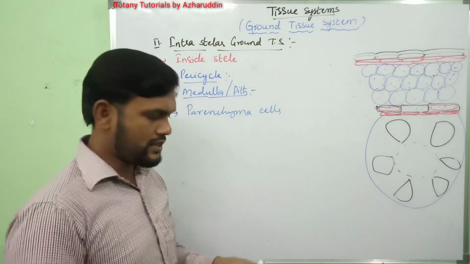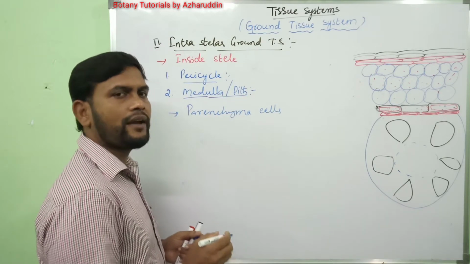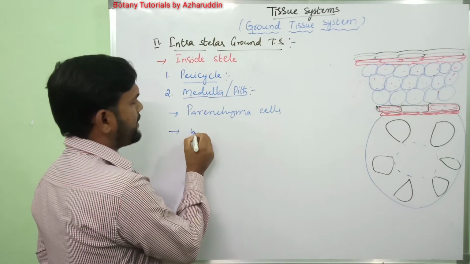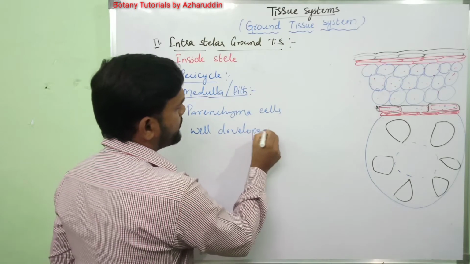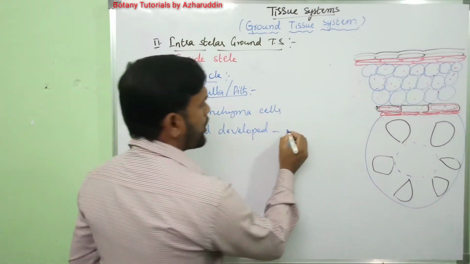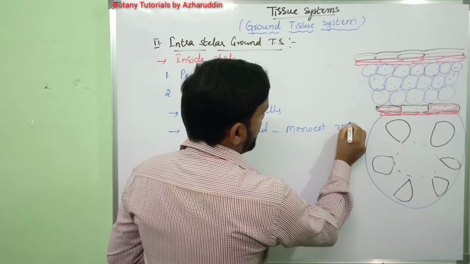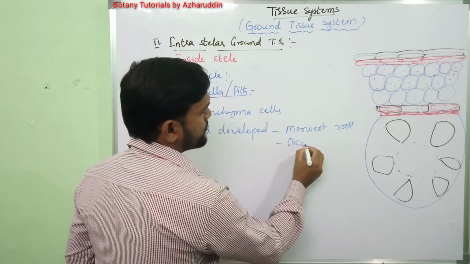This medulla is well developed in monocot roots and also well developed in dicot stems.